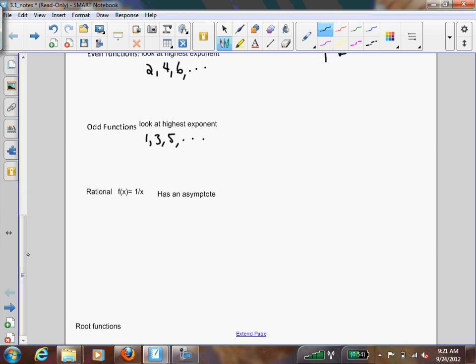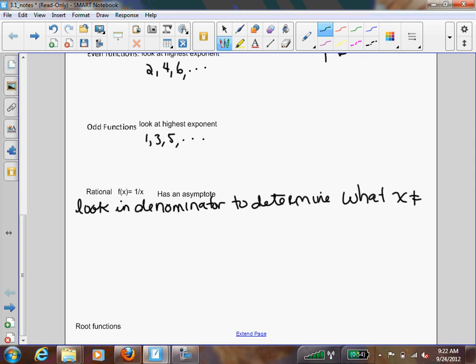Rational functions always look the same. We're going to be graphing these. Last year we learned to solve them. And the first thing we always determined is what happens in the denominator, because the denominator tells us what x can't be. So when you deal with rational expressions, you always look in the denominator to determine what x cannot equal.